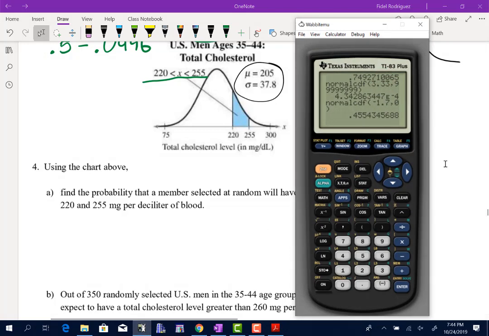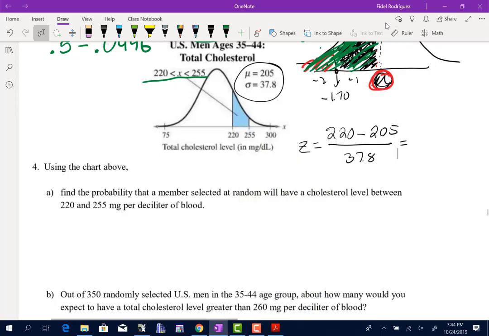Okay, 0.3968. So guys, if it's 0.3968, how many numbers are we using for our z-score? 2. So what number would we probably use? 0.40.